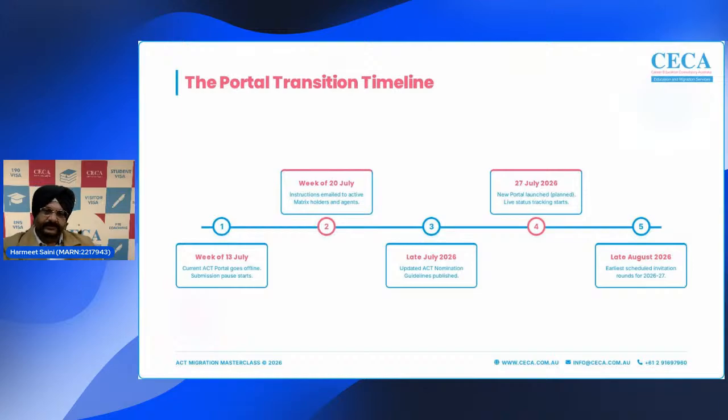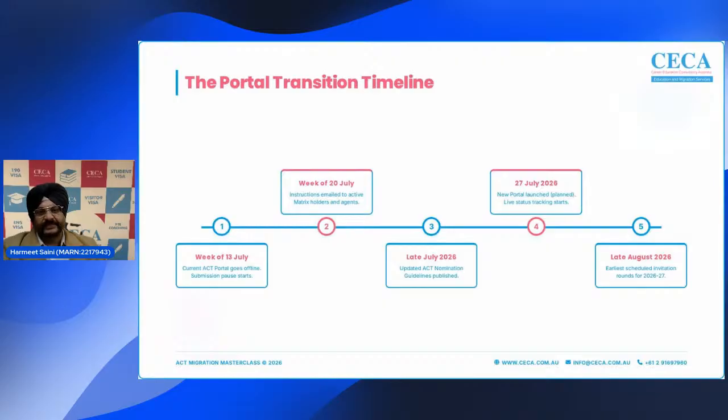And you can see the timeline of this new portal. From 13th of July, the current ACT portal goes offline and submission pause starts. Then from 20th of July, instruction emails go to the active matrix holders and agents regarding the transition of the old matrices to the new system. Then in late July 2026, updated ACT nomination guidelines are published.